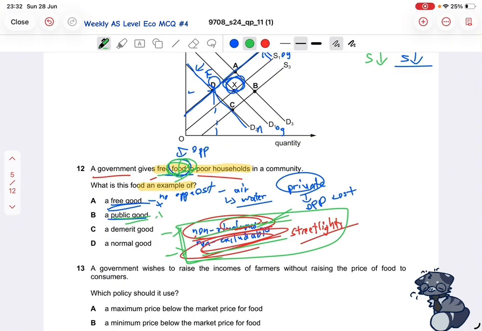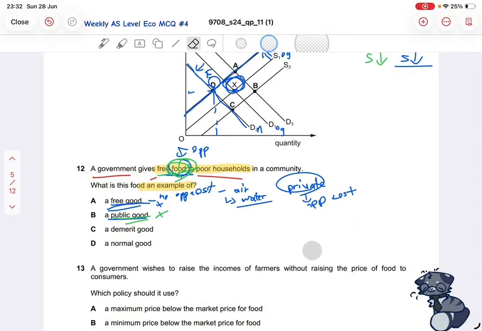Now the next one says a demerit good. Well, what are demerit goods? Demerit goods are goods that are more harmful than consumers realize. However, is food in any way a demerit good? Food can be classified as a merit good, which is the opposite of a demerit good, meaning that it gives more benefits than consumers realize.